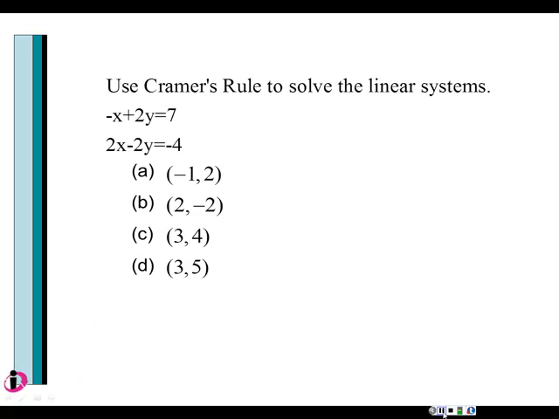And at the numerator, we write the same matrix, but we replace the column for x by the column of coefficients. So here, the second column will remain the same, which is 2, -2. But the first column will be replaced by 7, -4. Now, if you solve this matrix, you will have your answer for x.